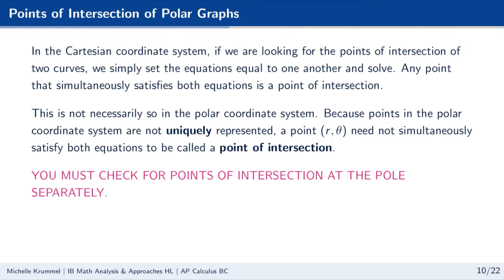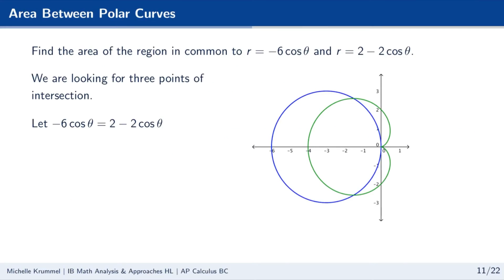And in another equation, you get an r value of 0 and a theta value of 16 pi over 12. And it's not going to seem like that's a solution to your system, because when you substitute the 16 pi over 12 into the other equation, it doesn't give you 0. But that's okay. As long as both equations pass through the pole, then we say that they intersect at the pole, even if they're passing through the pole for different values of theta.